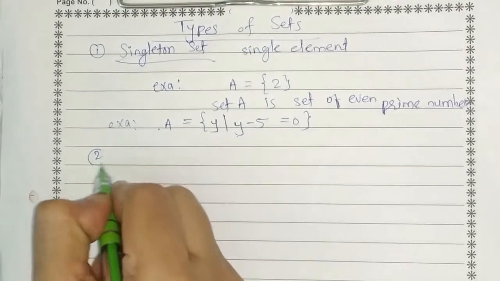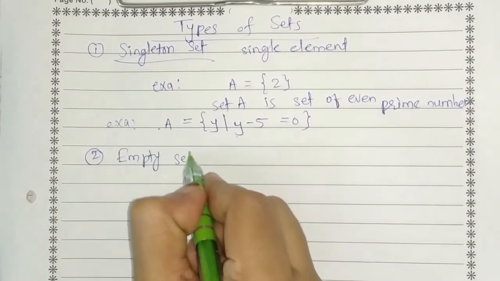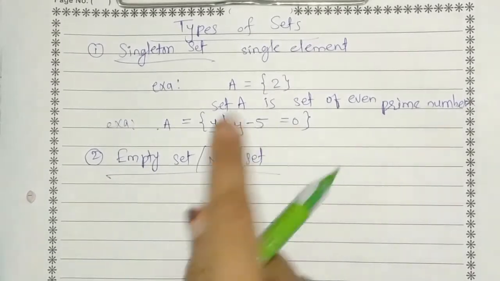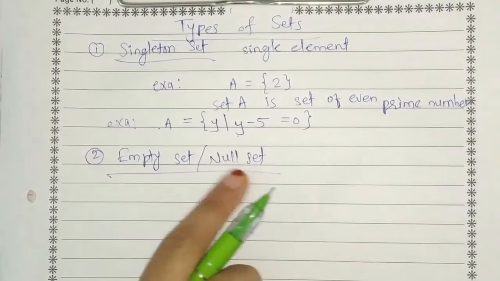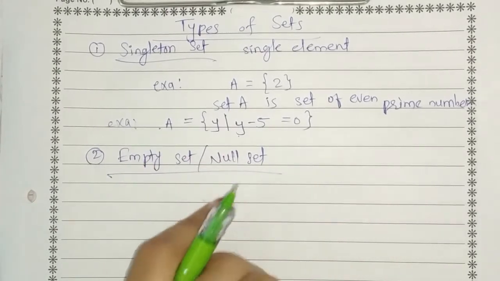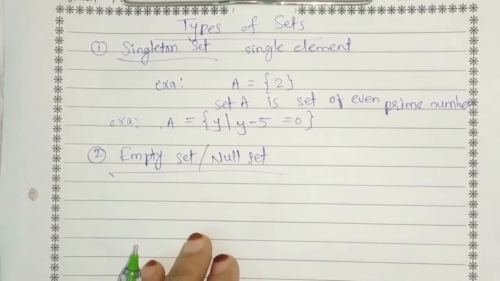Next we have the empty set or null set. Dear student, what is meant by the empty set or null set? As the name itself suggests, if there is not a single element in the set which satisfies the given condition, then you call it a null set or an empty set.